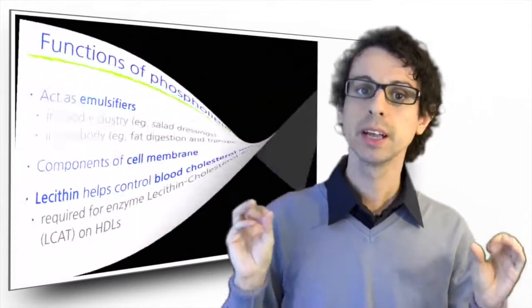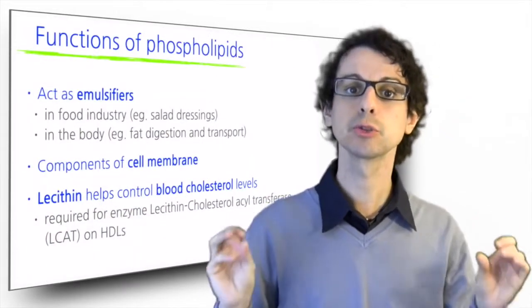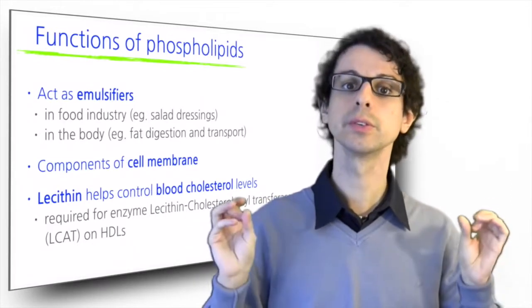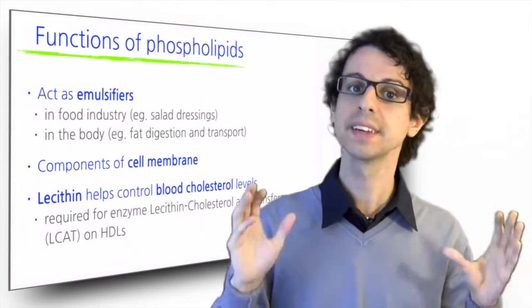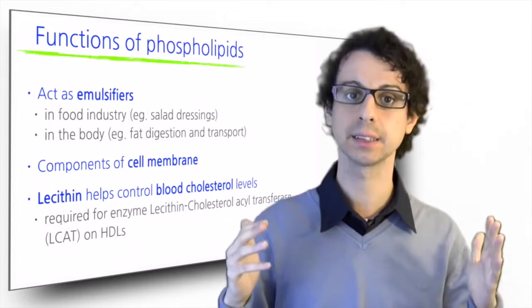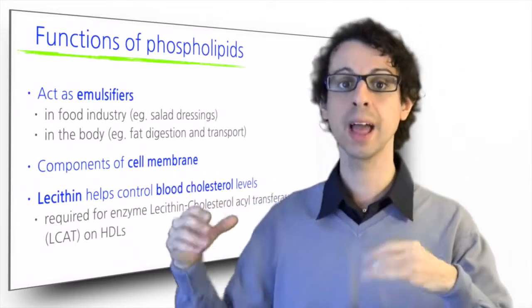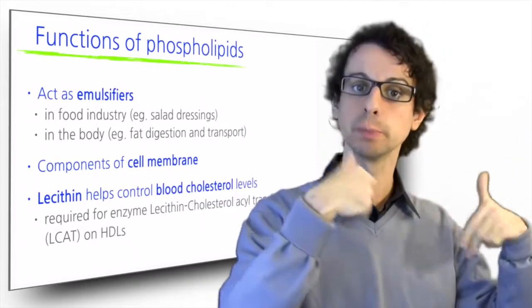A final word is for the role of lecithin in controlling blood cholesterol levels. Lecithin is necessary for reverse cholesterol transport, the task accomplished by high-density lipoproteins that clear extra cholesterol from the bloodstream and bring it back to the liver to be disposed of.